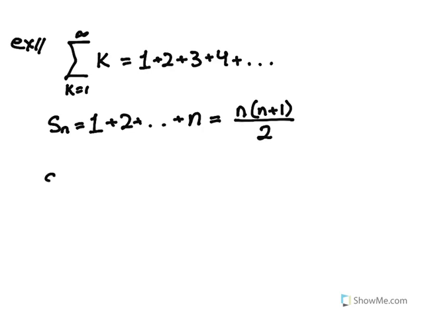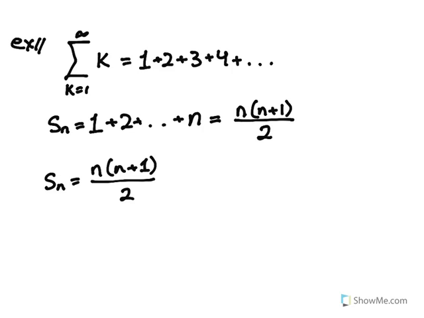Now in this case, the sequence S_n is not bounded, because as we make n larger and larger, the numerator gets larger and larger, and S_n goes to infinity. And what we learned in the last lecture was that if you have a sequence that's unbounded, it diverges.